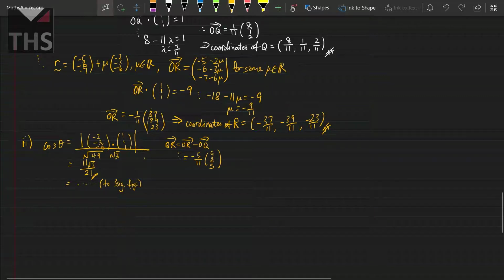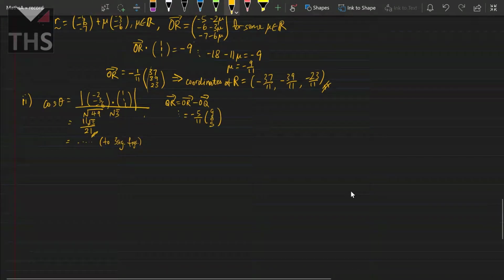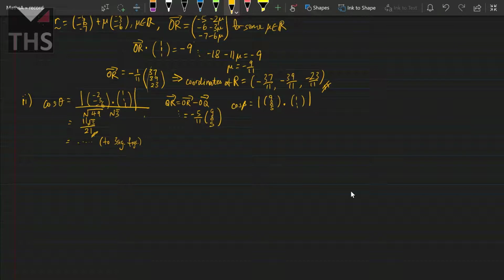And then, if you want to move on, again repeat the same process. Cosine beta is equal to the modulus of this 985 dotted with the normal vector 1, 1, 1, divided by the magnitudes of the individual vectors. So this 170 and square root 3.